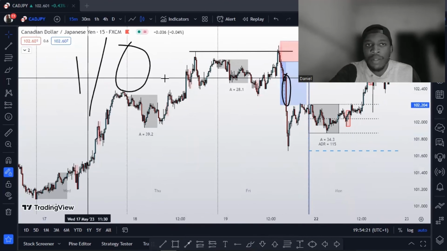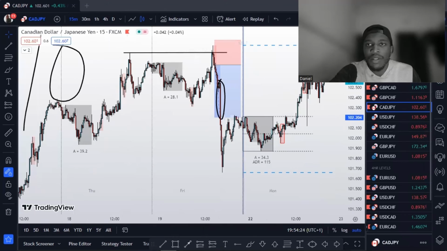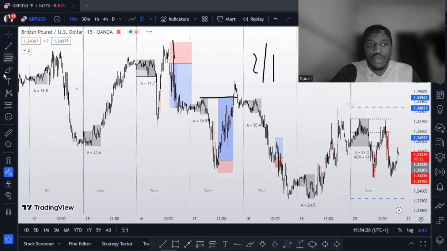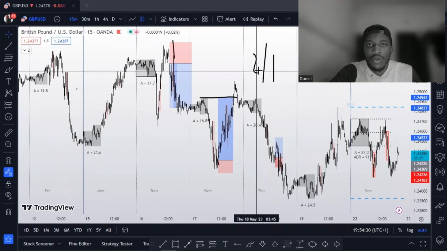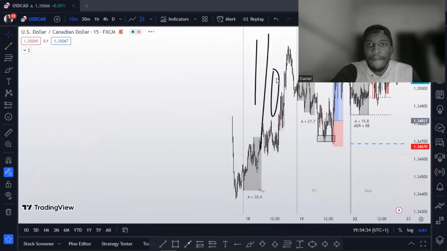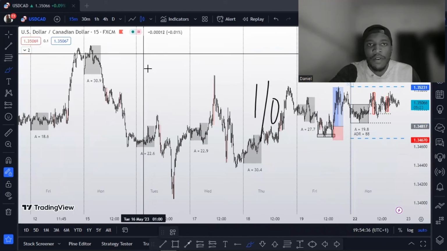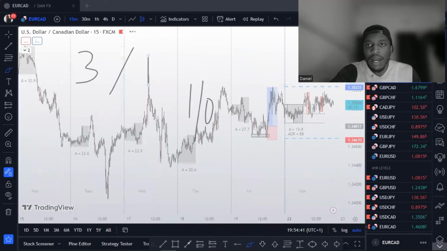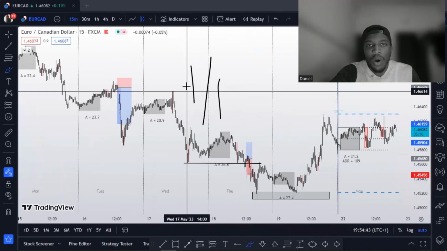So let's count the amount of wins and losses for the week. So we start from GBP USD. Let's see. GBP USD, that is 2 wins and 1 loss, right? So 2 wins, 1 loss. And then GBP CAD, that was 1 win. So that's a total of 3 wins and 1 loss for now. And then let's go to Euro CAD. 1 win and 1 loss.